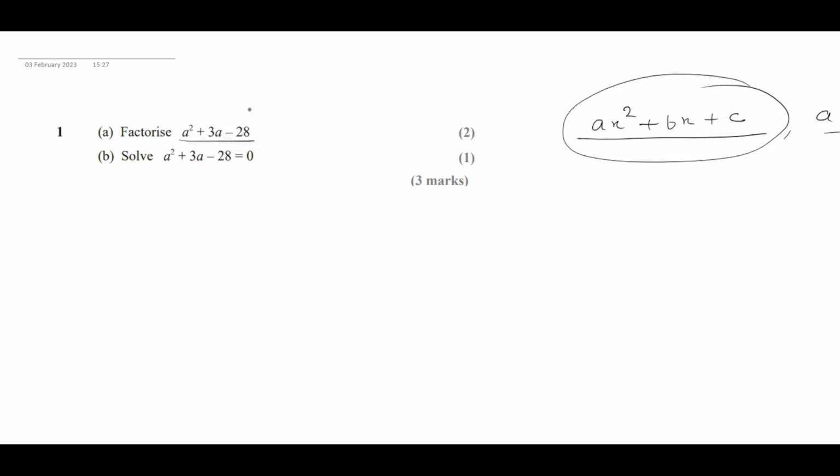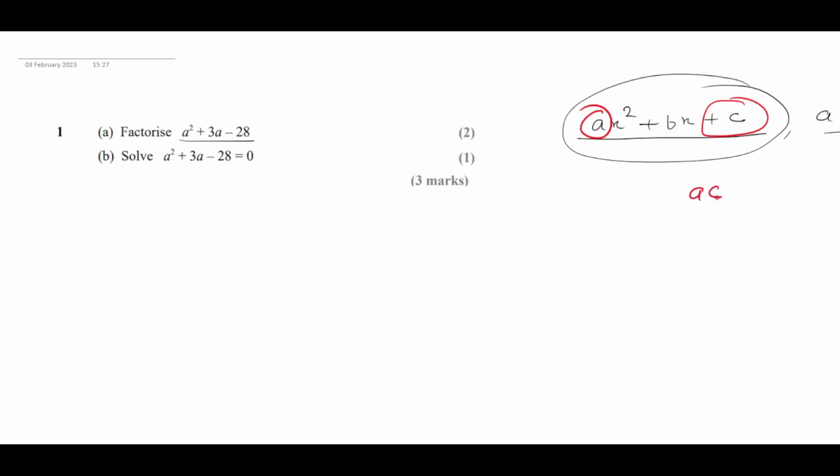Now if I have to factorize these kind of polynomials, then the rule is that I will multiply the coefficient of x square, which in this expression is a, and the constant term which is c.